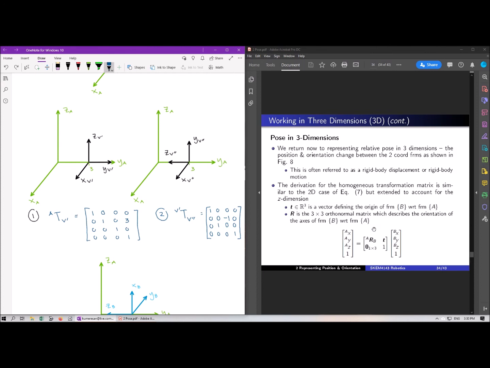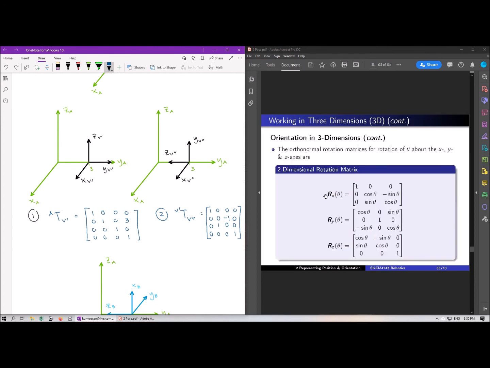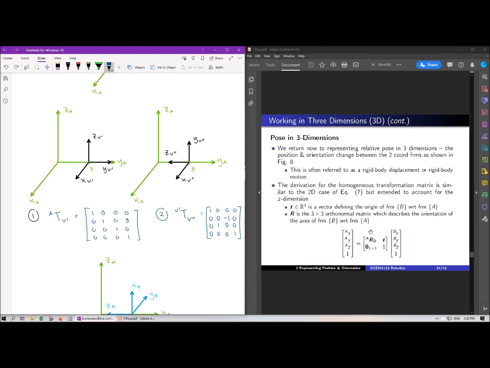So if you look at the rotation matrix, you can choose any of these because there's no rotation, and if you substitute 0, you will get the identity matrix. So the 3 by 3 here is identity, because this part is 3 by 3. But this one is the position of this origin with respect to coordinate frame A, and the position here is 0, 3, 0. So there we go.